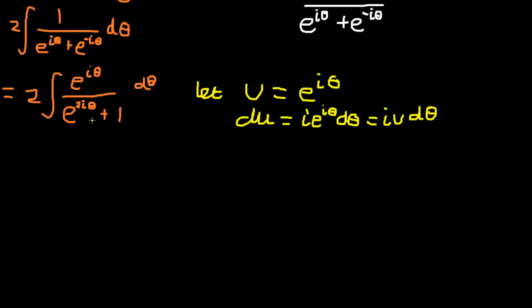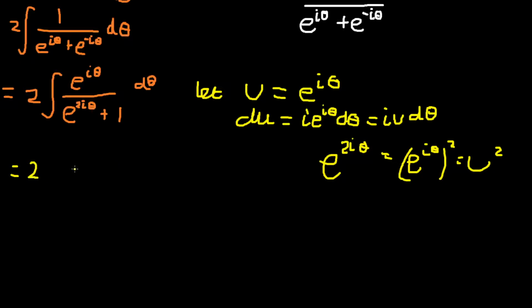Also let's note that e to the 2 I theta is just e to the I theta squared, which is just u squared using this substitution. We get 2 times the integral of u over u squared plus 1 times 1 over I u du.